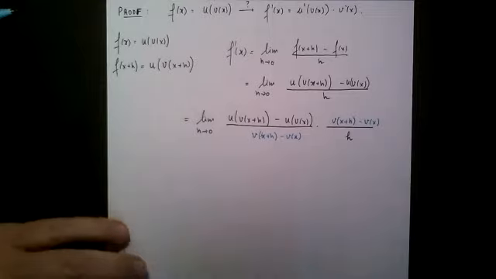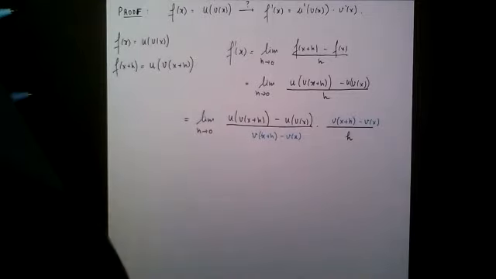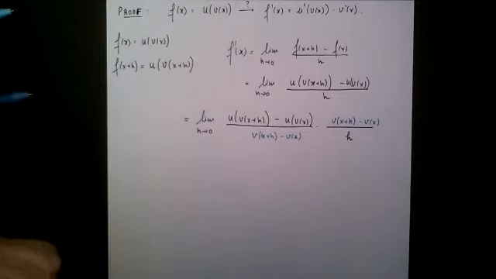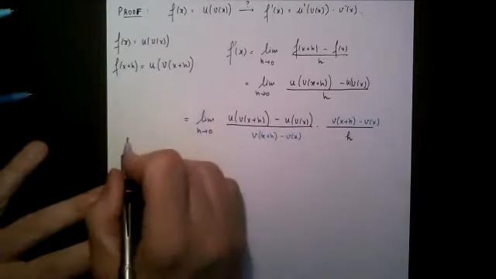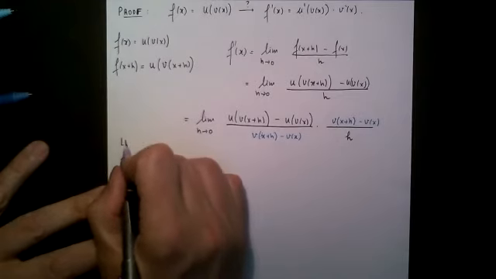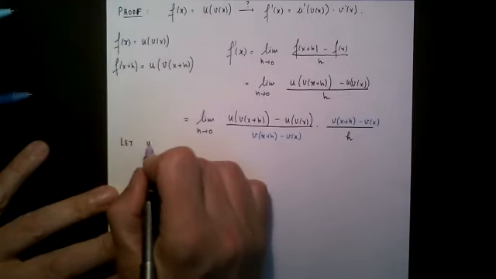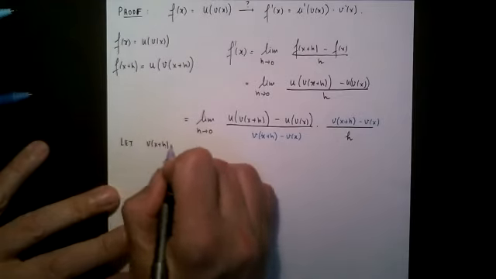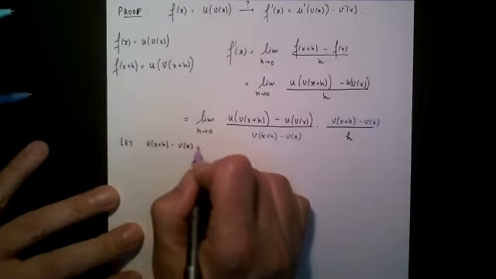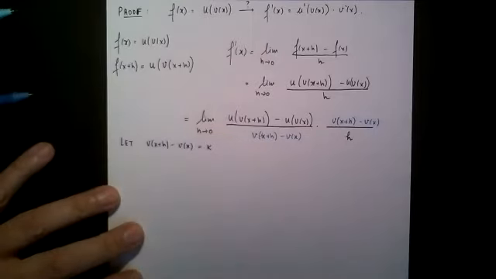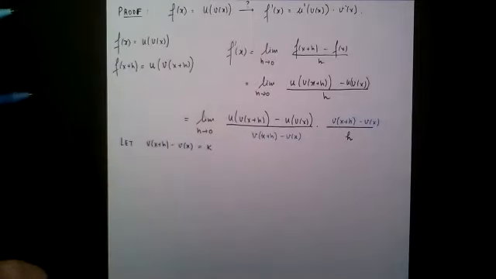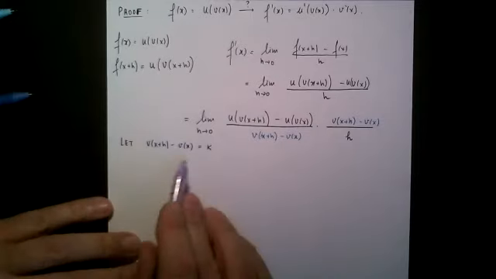So this is what I'm going to do now. I'm going to write v of x plus h minus v of x, and I'm going to call this k.